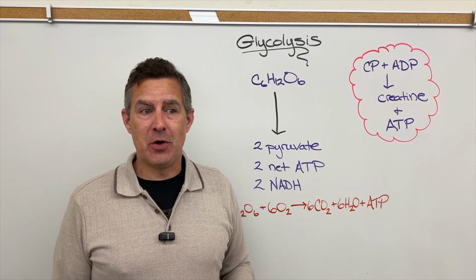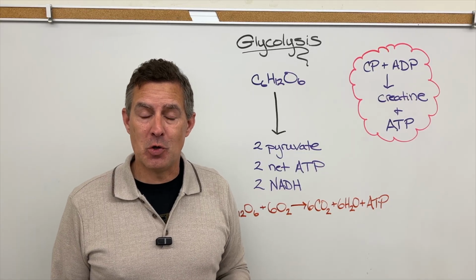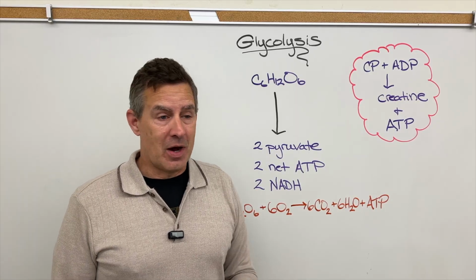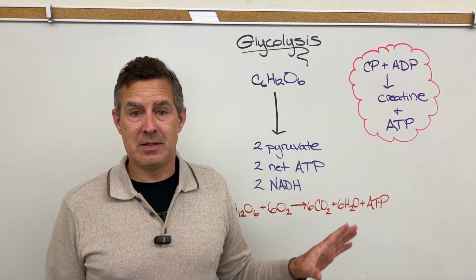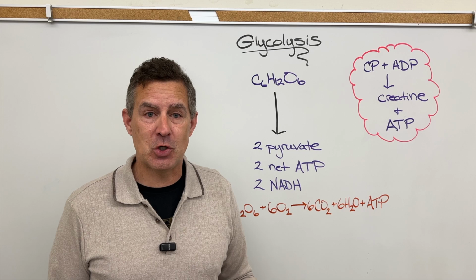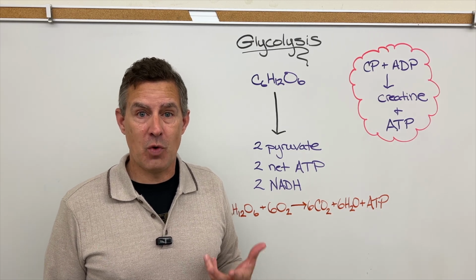And glucose carries a ton of energy, 686 kilocalories per mole of glucose. And if we were to combust that or oxidize that in one fell swoop, there would be a ton of energy release, but our body could not use it because it can't capture, hold on to, or store that energy within ATP.